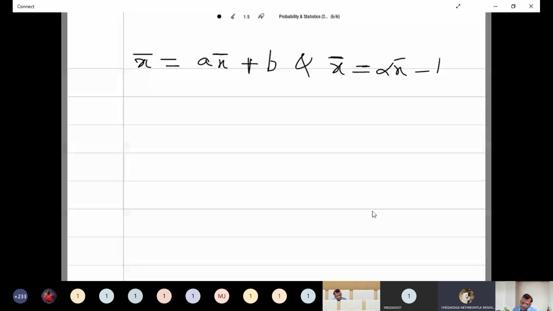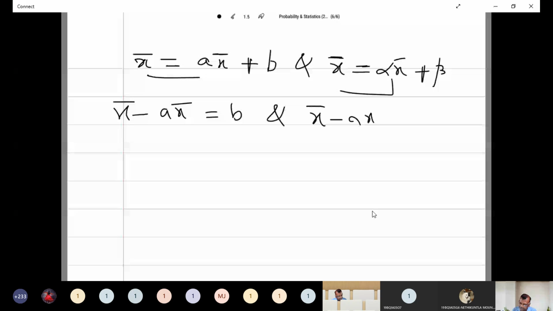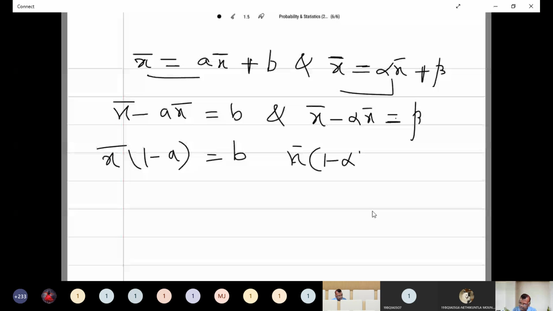Now take this one to the left side: x bar minus ax bar is equal to b, and x bar minus alpha x bar is equal to beta. That means x bar into 1 minus a is equal to b, x bar into 1 minus alpha is equal to beta. Call this equation 1 and this equation 2.